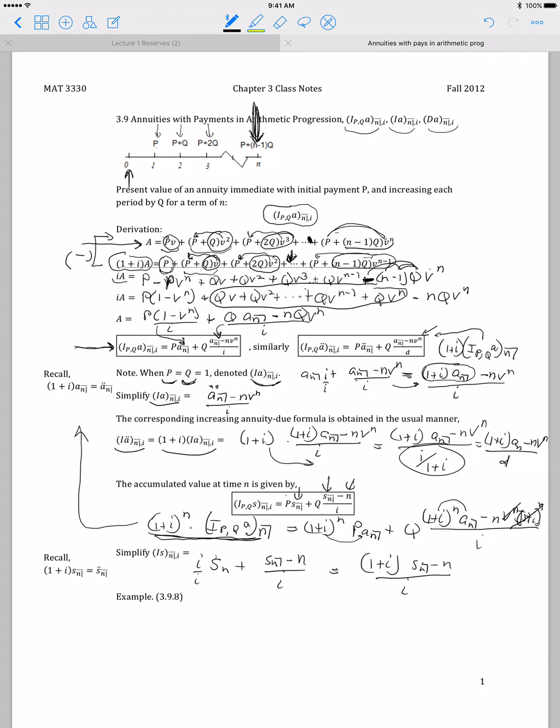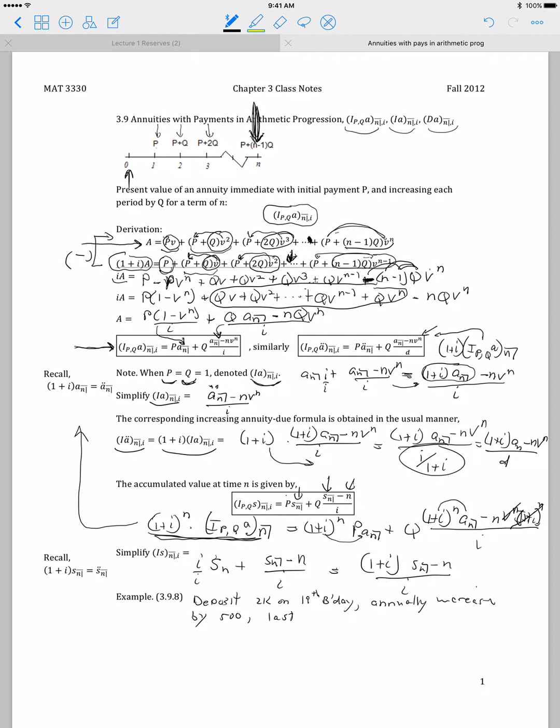And one thing I want to do is to look at example 3.9.8 in the book. So we can go ahead and do a calculation. In this example, we're going to deposit $2,000 on our 19th birthday, annually increase the amount of the deposit by 500, and make those deposits on the future birthdays.